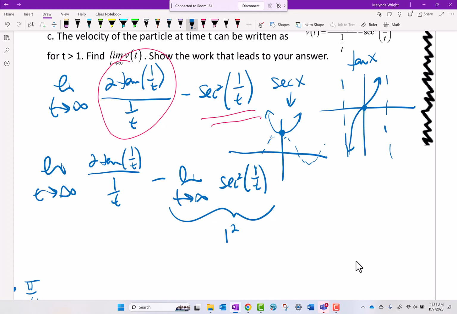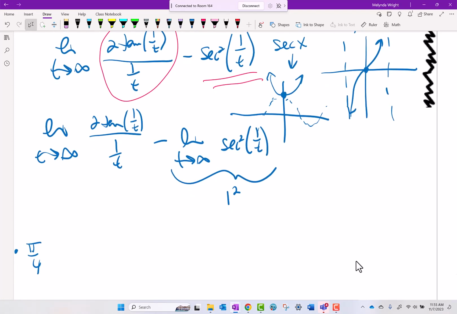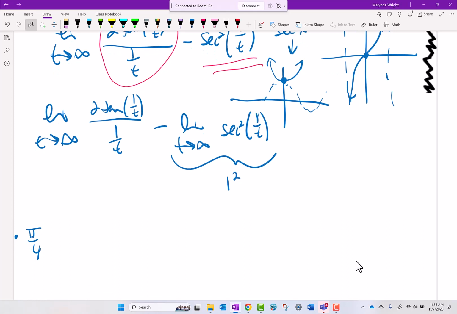L'Hopital on that first part is still going to be painful, I hate to tell you. Okay, that part we're done. This part, I'm going to highlight it. We're going to look at it further. We already know that's 1.